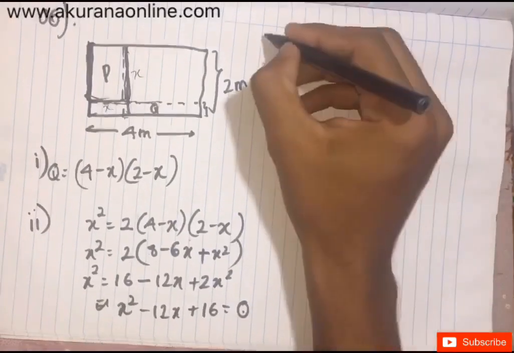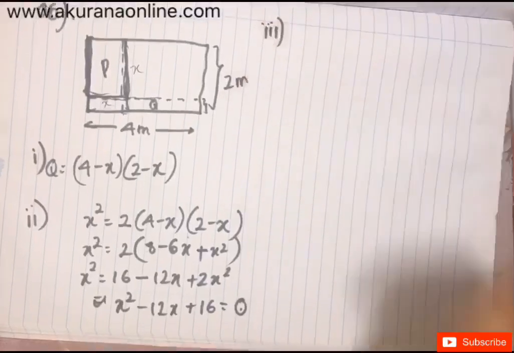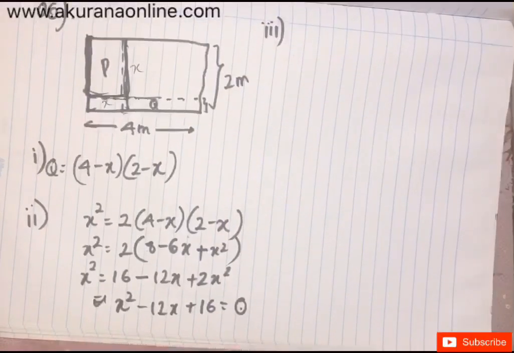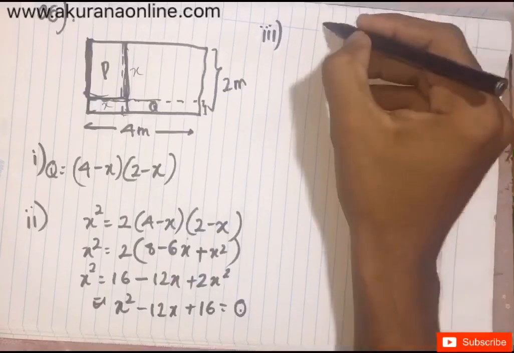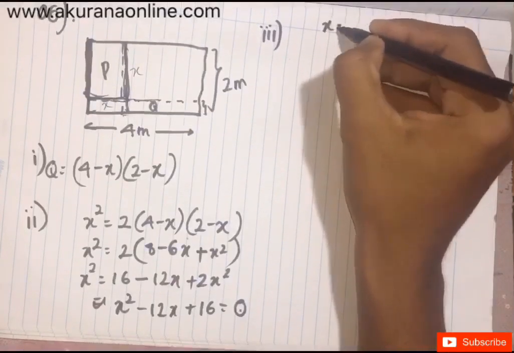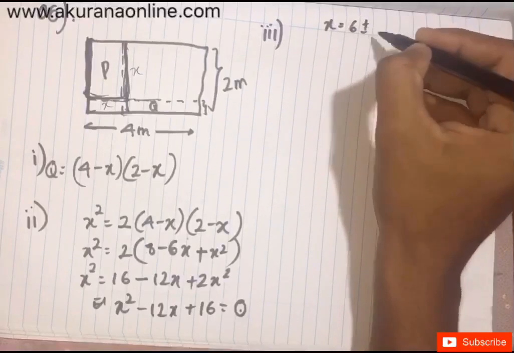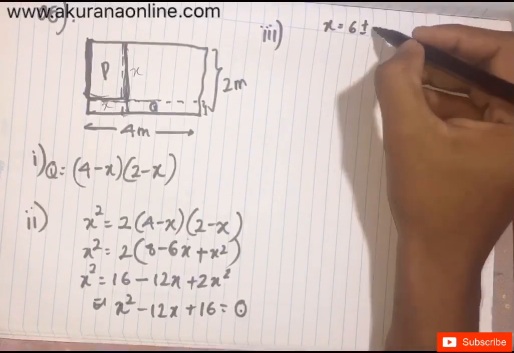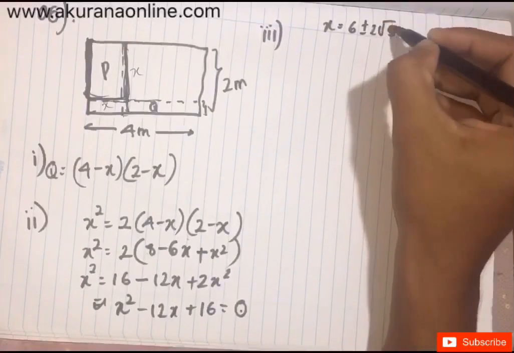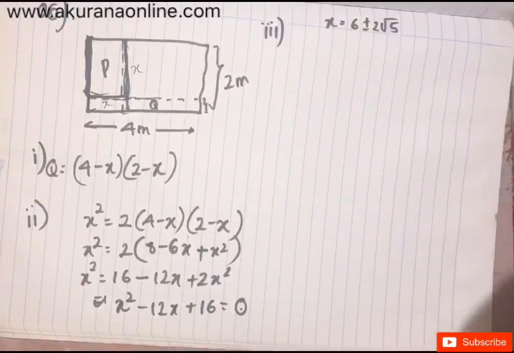Okay, now the third part. Using the formula or by some other method, show that x is equal to 6 plus or minus 2 root 5. Now let us use the formula method.